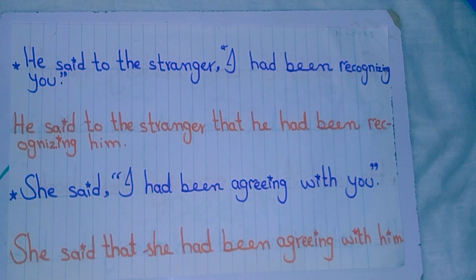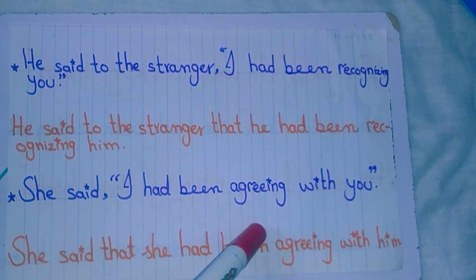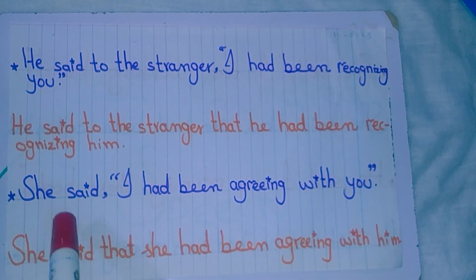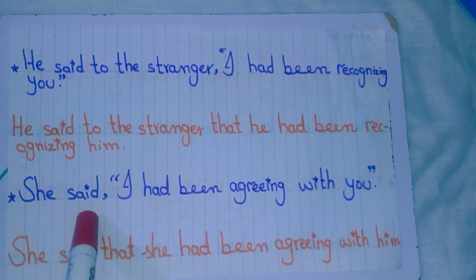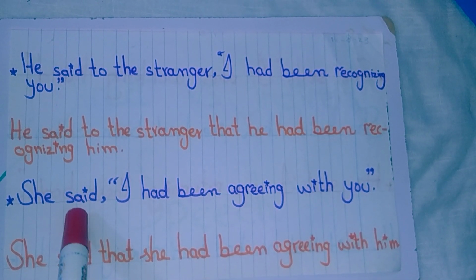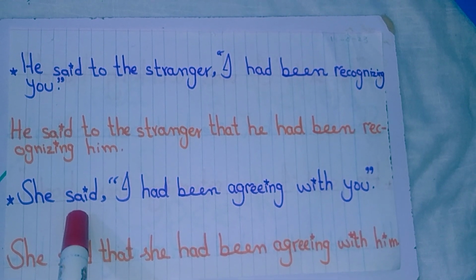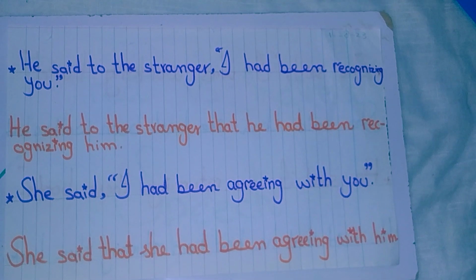Another example. He said, "I had been agreeing with you." In this sentence, you can see "she said" is reporting speech and reporting speech is in past tense. As you can see, "said" indicates past tense because it's the second form of "say," okay?